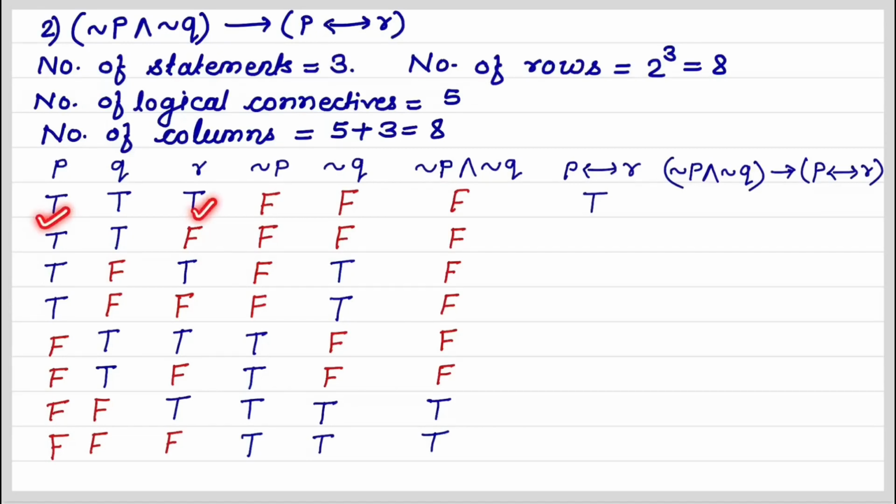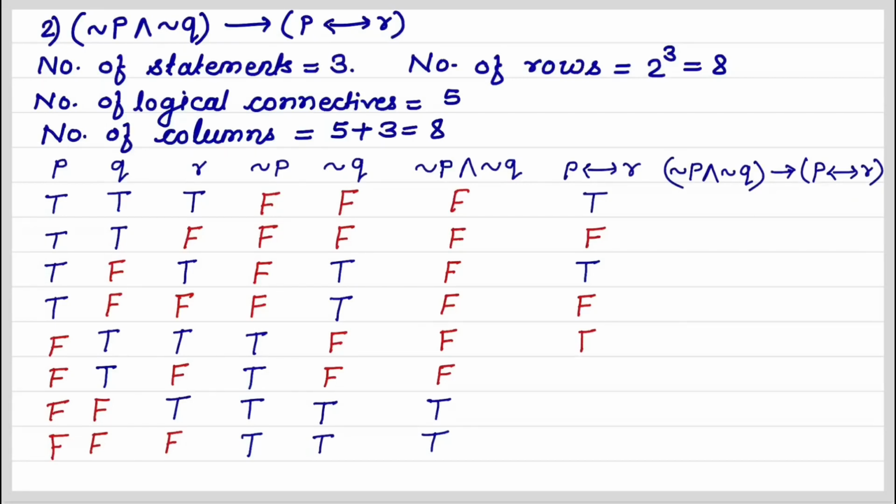See, first both are true, therefore their double implication is true. Here the first statement is true and the second is false, therefore their double implication is false. Again both statements are true, therefore their double implication is true. Then one statement true, other false, double implication false.